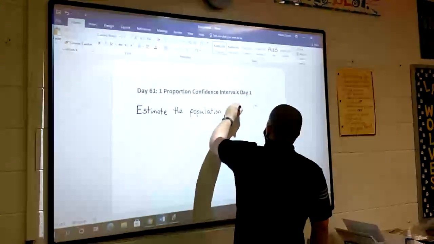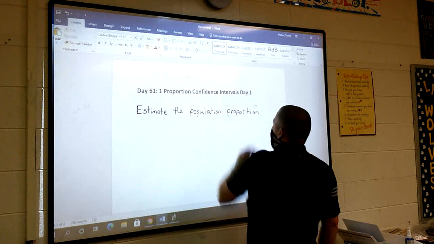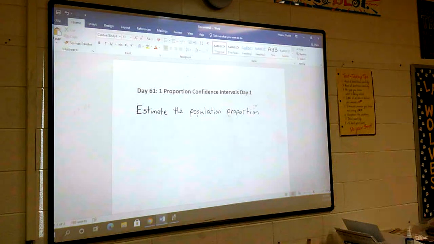So that's why I gave you a big space here to write all this in. You can use a 1 proportion confidence interval to estimate the population proportion of whatever you're talking about. So it's just like what we were doing before, where we're taking a sample and we want to take our sample and use that sample to estimate the population.